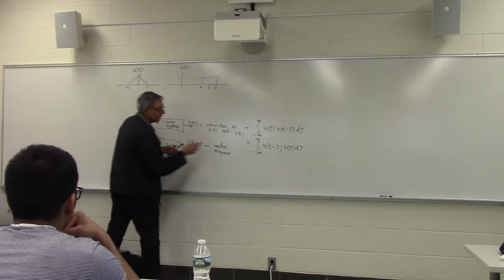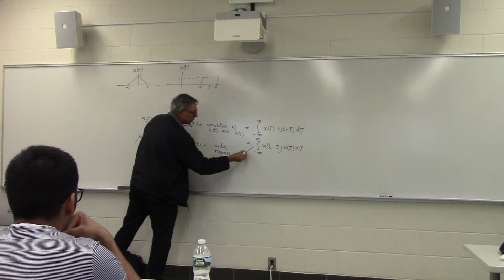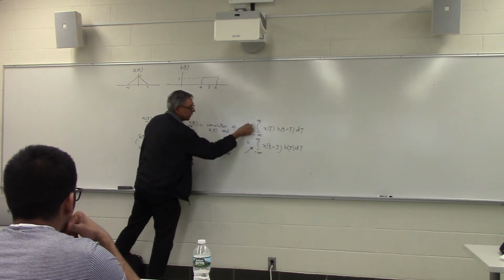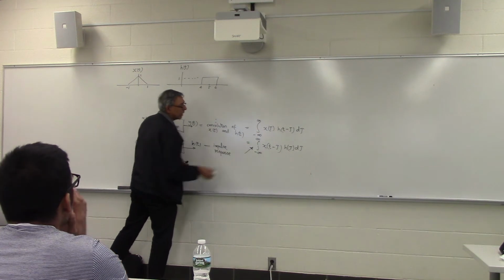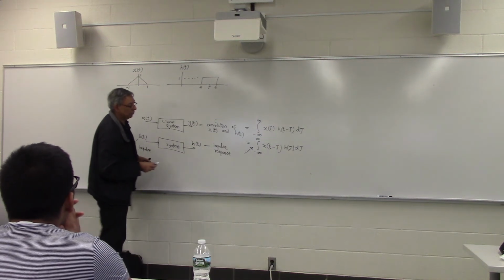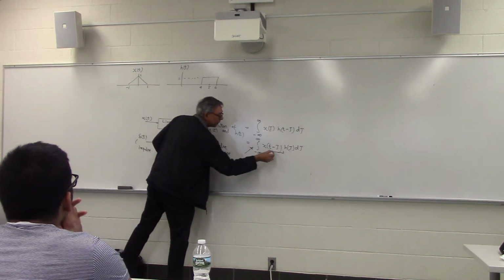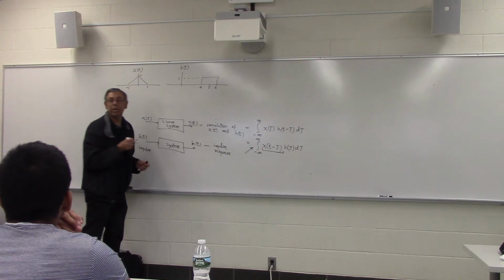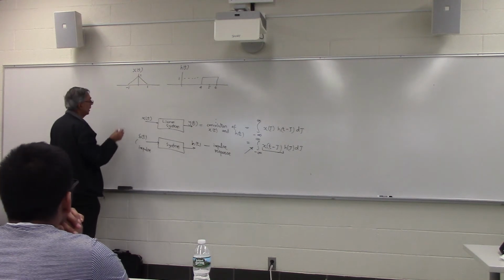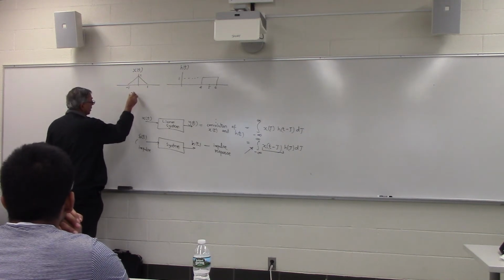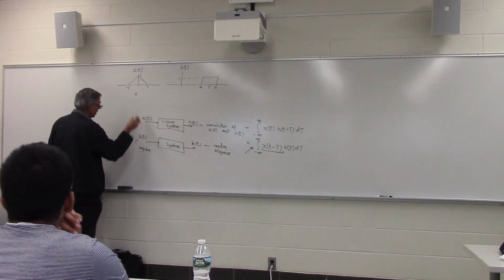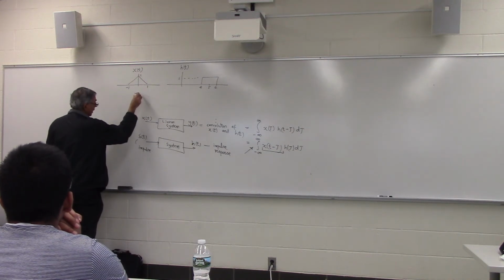Let's take a look at this second equation over here. Both are equivalent; I can do it this way or this way. If you take a look at the second equation, the first thing we need to do is come up with what x of t minus tau is.